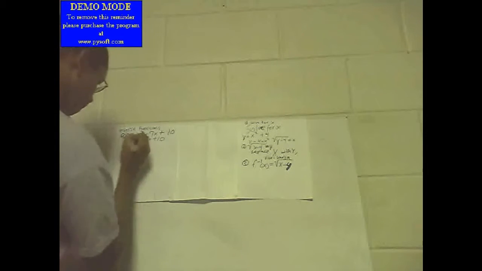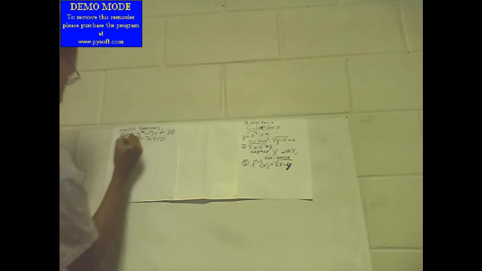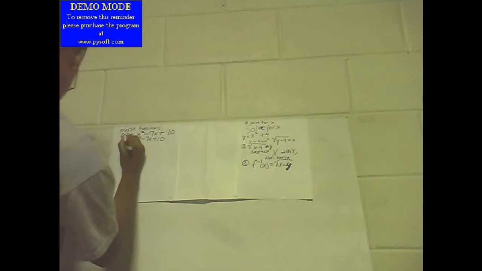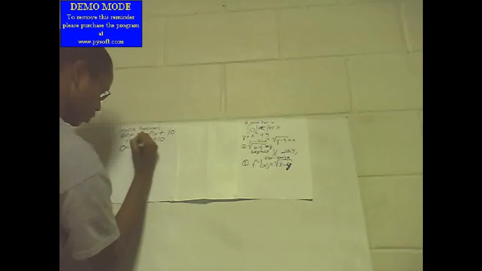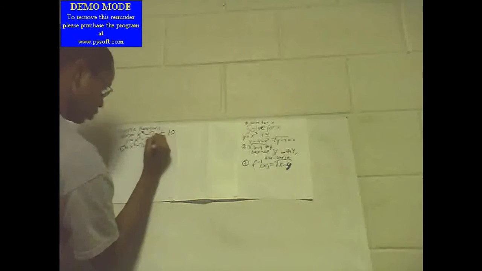Okay, our first step, we are going to solve for our x value. So this is what we have. The easiest way to do that is to set the y equal to 0.